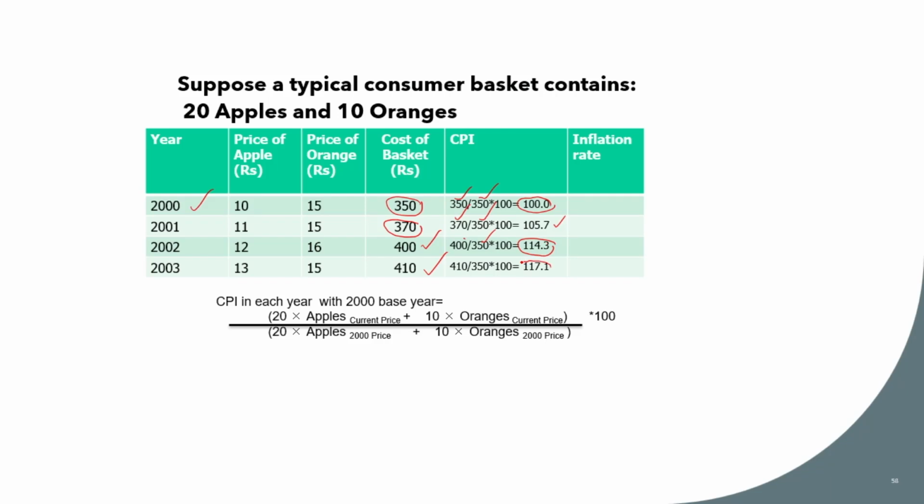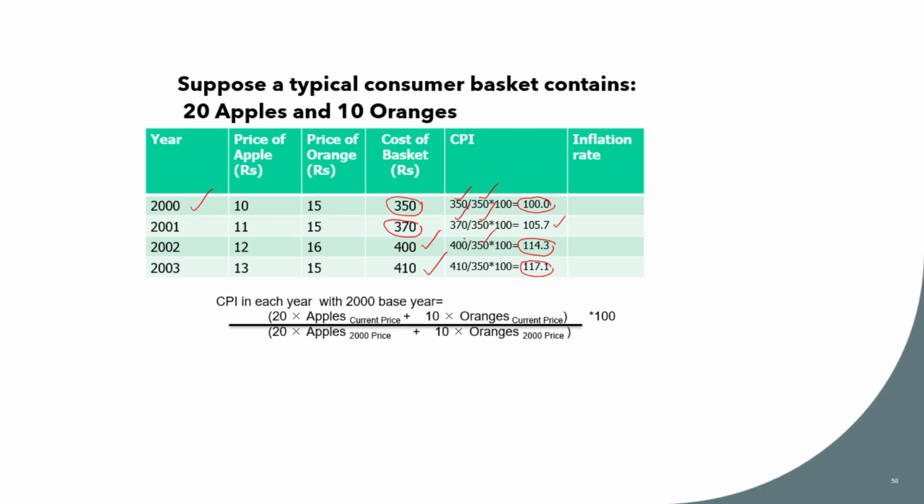Accordingly, you will also get the CPI in 2003 as 117.1. So what we have done in the CPI calculation is to take the cost of the basket in that particular year divided by the cost of the basket in the base year times 100.